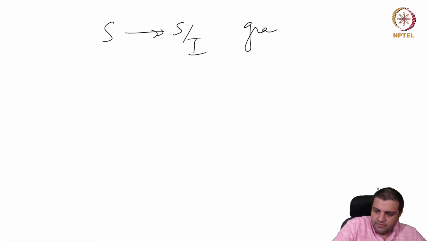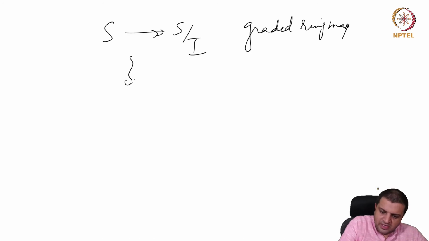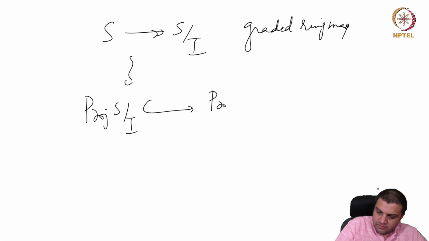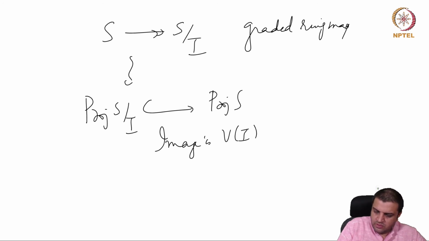Then just as we did for Spec, we notice that S surjects onto S/I. This is a graded ring map, preserving degree, etc. Then this gives Proj of S/I inside Proj of S, and the image is exactly what we defined as V(I).